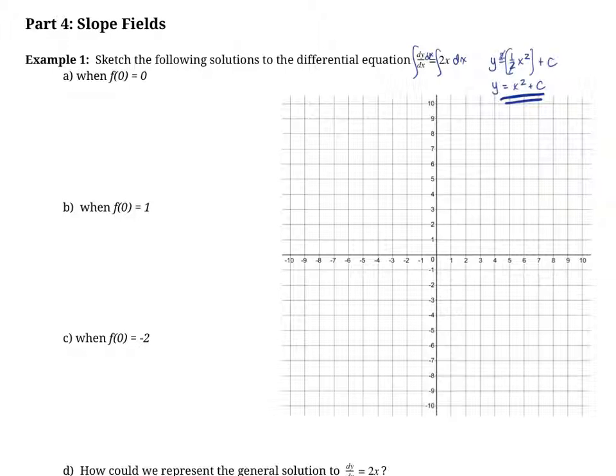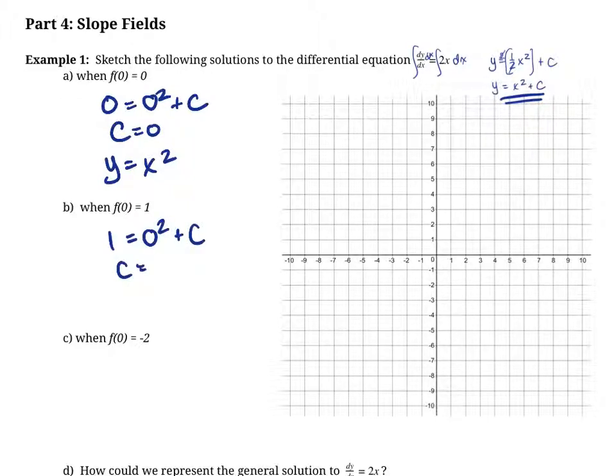So this is the general solution to the differential equation. Now we're asked to find 3 unique solutions to the differential equation. So let's start off with the first one. If we plug in 0, 0 as a point, we're going to get 0 equals 0 squared plus c. So clearly c is just equal to 0, so our solution becomes y equals x squared. If we plug in f at 0 is 1, we're going to get 1 equals 0 squared plus c, so c is just 1.